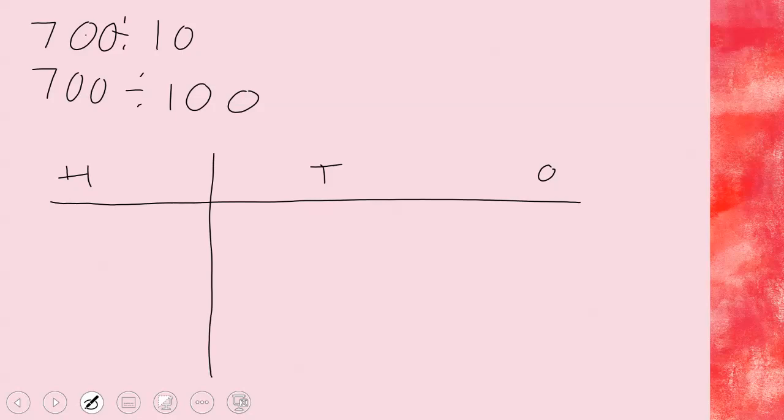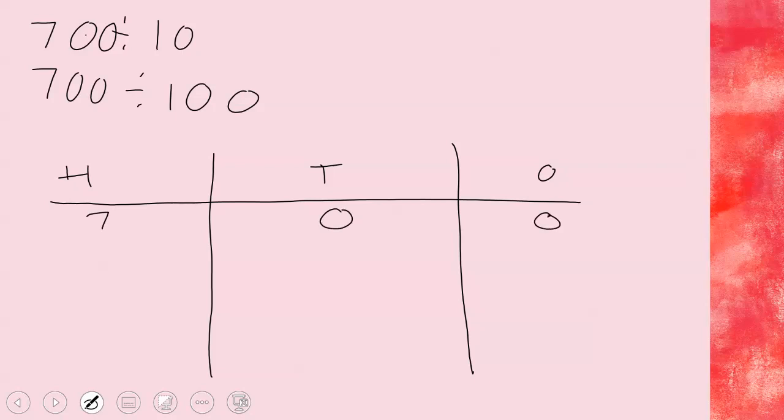Let's have a look. If I had 700 divided by 10 and 700 divided by 100. Let's have a quick look. Hundreds, tens, ones. I'll write out my number 700.